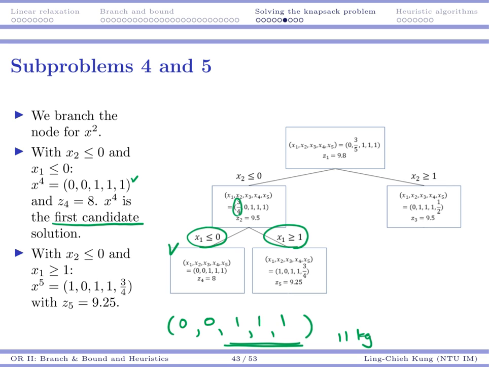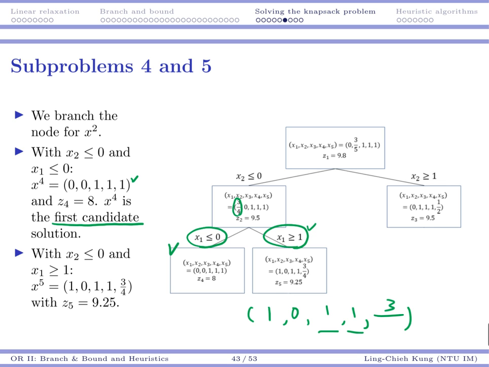So that's good. And also, if you move on to your next subproblem here, you're going to fix yourself saying that x1 must be 1, x2 must be 0. In that case, again, you have some residual capacity, and you try to take all of item 3, all of item 4, and then after that, you only have 3 kilograms on hand. So you're going to take 3/4 for item 5.